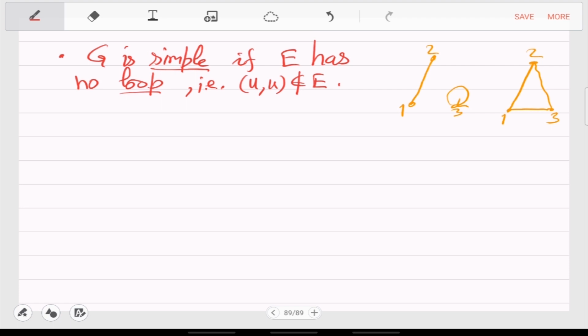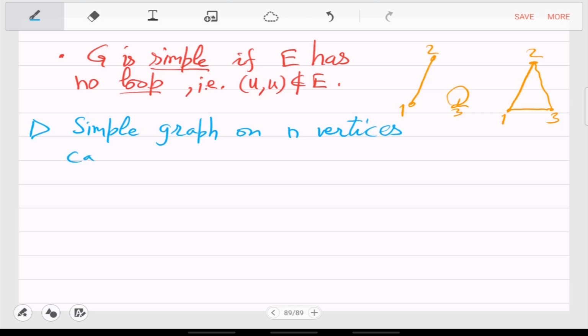Okay, so simple properties. A simple graph has how many edges? Simple graph on n vertices, let's say. So number of edges can be 0, but what is the maximum number of edges?